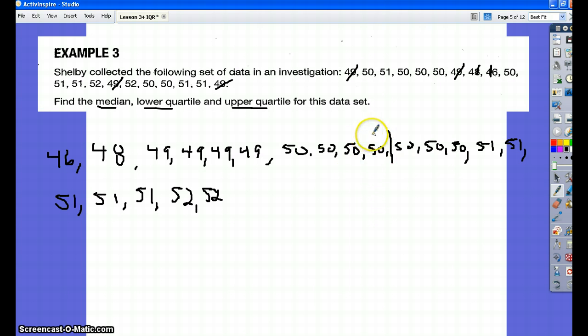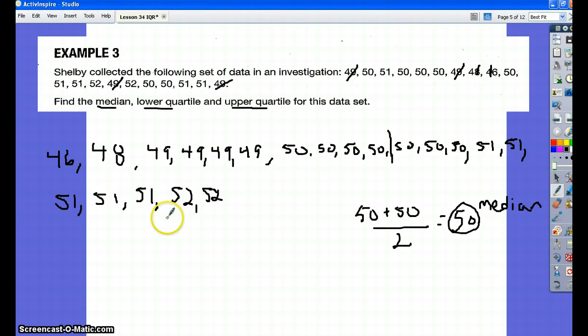So it'd be these two numbers, 50 and 50, so 50 plus 50 divided by 2 equals 50, obviously. So that is our median.